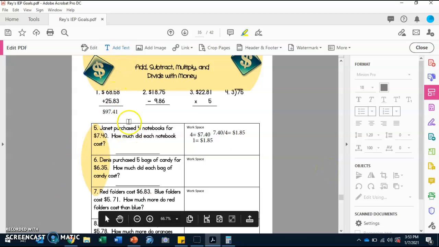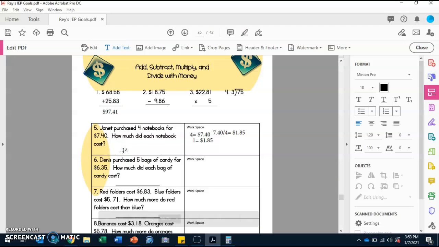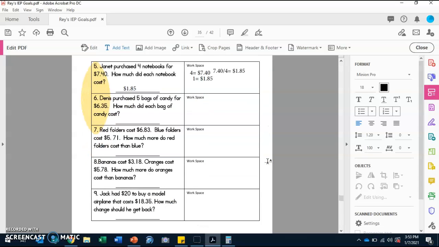Oh, let's write it over here. So sorry. Oh, sorry, the dollar sign. $1.85. And that is what you are going to be doing for the rest of the questions, Ray.